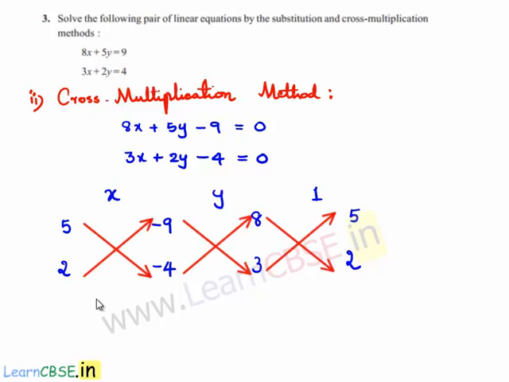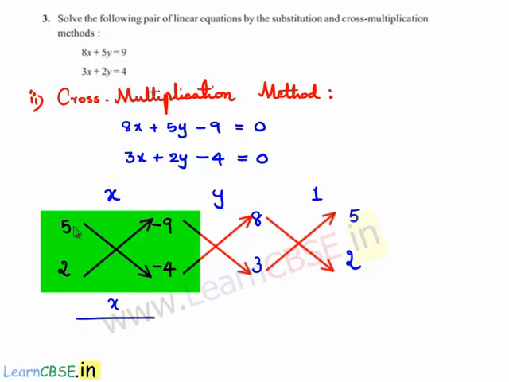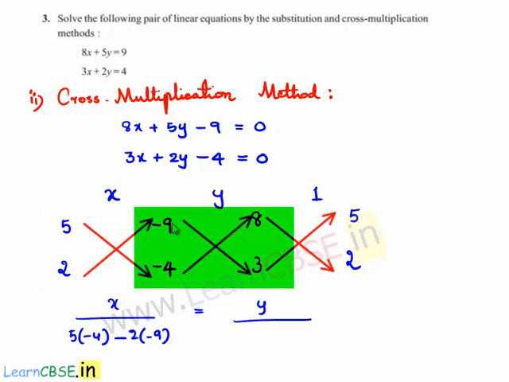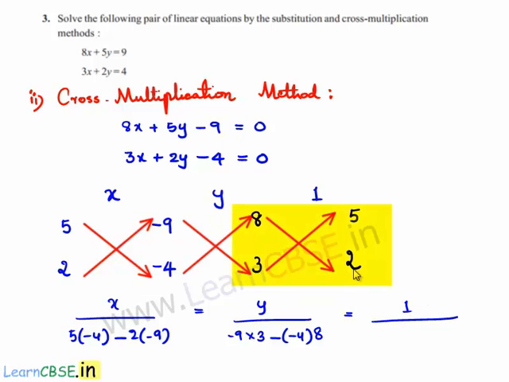So now we can write this as x divided by 5 multiplied by minus 4 minus 2 multiplied by minus 9 is equal to y divided by minus 9 multiplied by 3 minus minus 4 multiplied by 8 is equal to 1 divided by 8 multiplied by 2 minus 3 multiplied by 5.